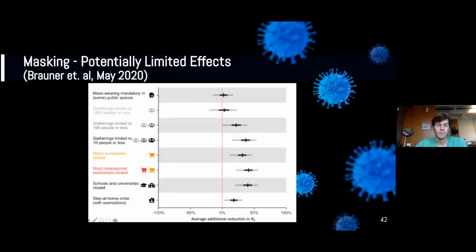Moving on here. So I stole this from Ayushi's colloquium talk that we watched, because I did think it was a good way of isolating the masking through the simulation. And I threw it in here to show that compared to other NPIs, it's probably not super effective, right?